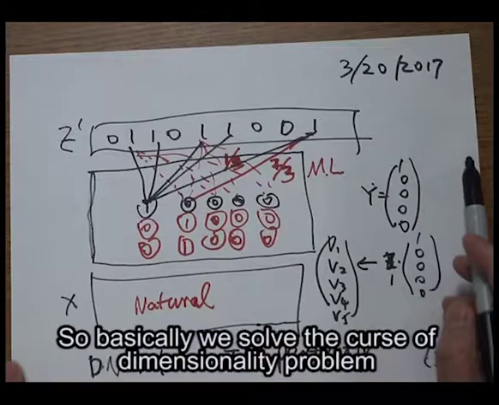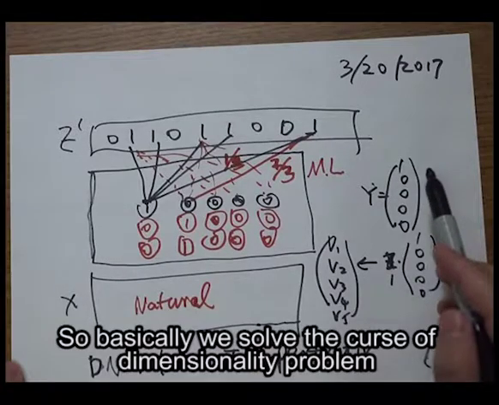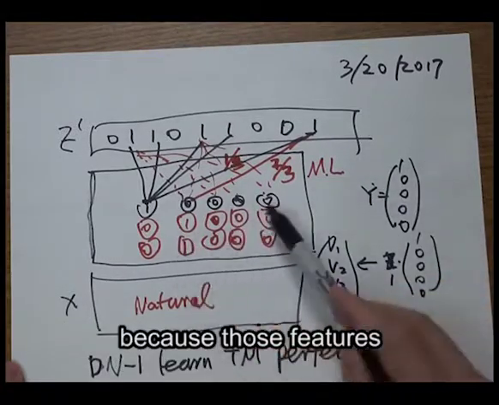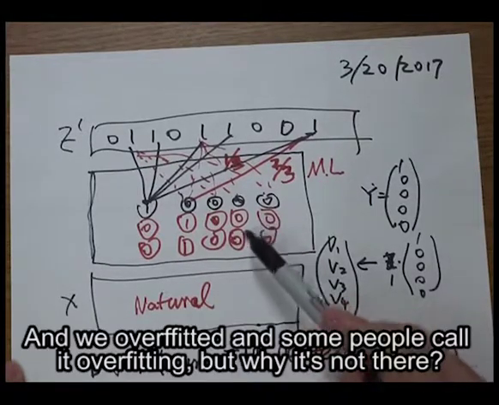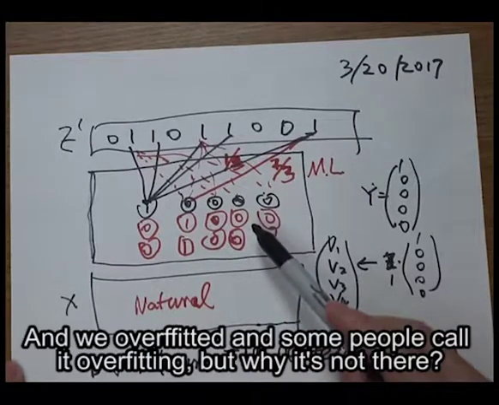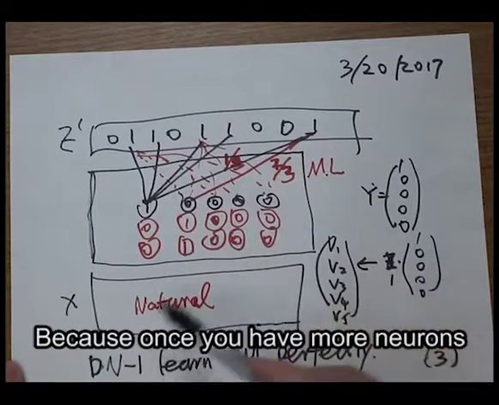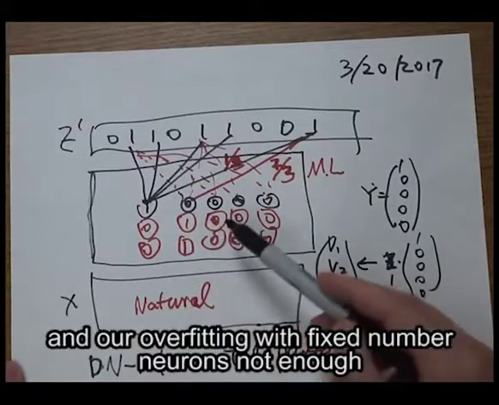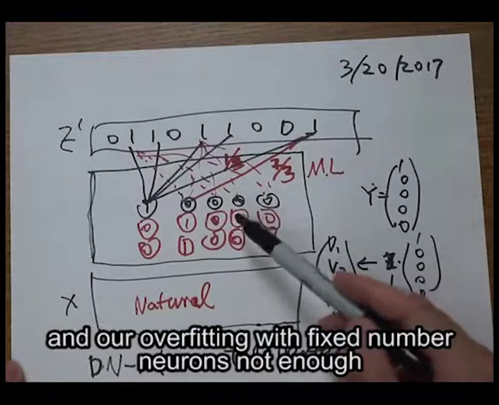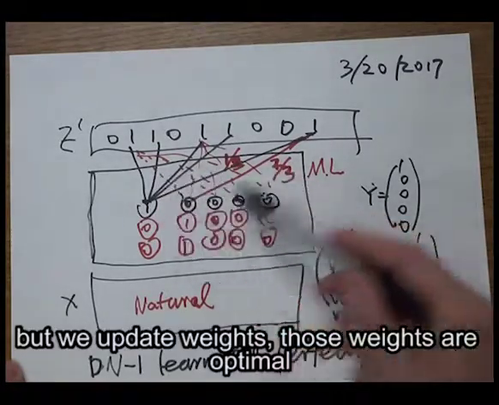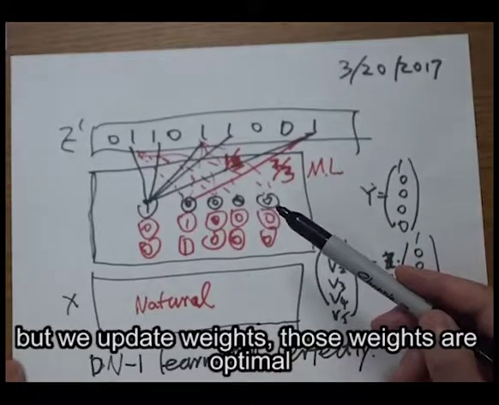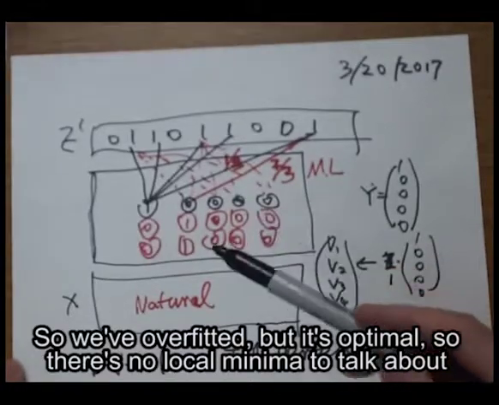So basically, we solve the curse of dimensionality problem, because for those features, the more the better. And we overfit; some people call it overfitting. But why is it not bad? Because once we have more neurons, even though we overfit with a fixed number of neurons that is not enough, we update the weights, and those weights are optimal. So we overfit, but it's optimal.